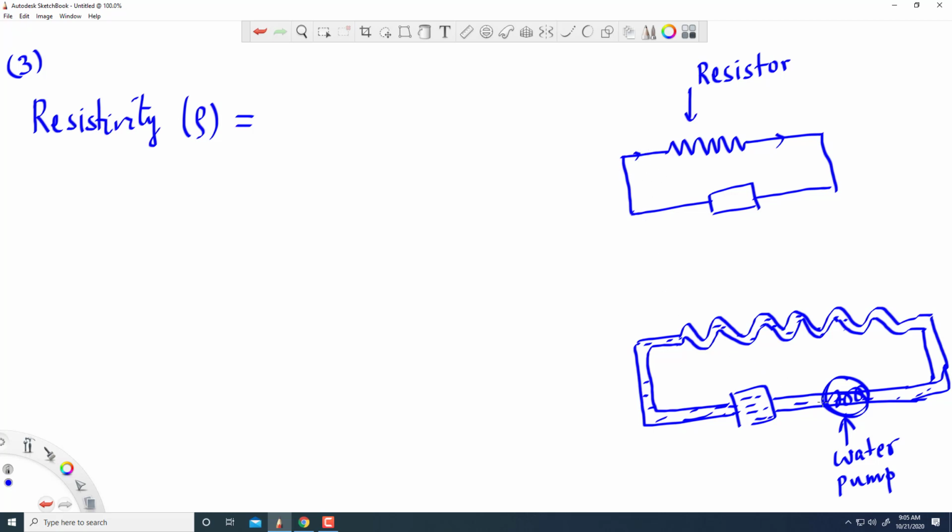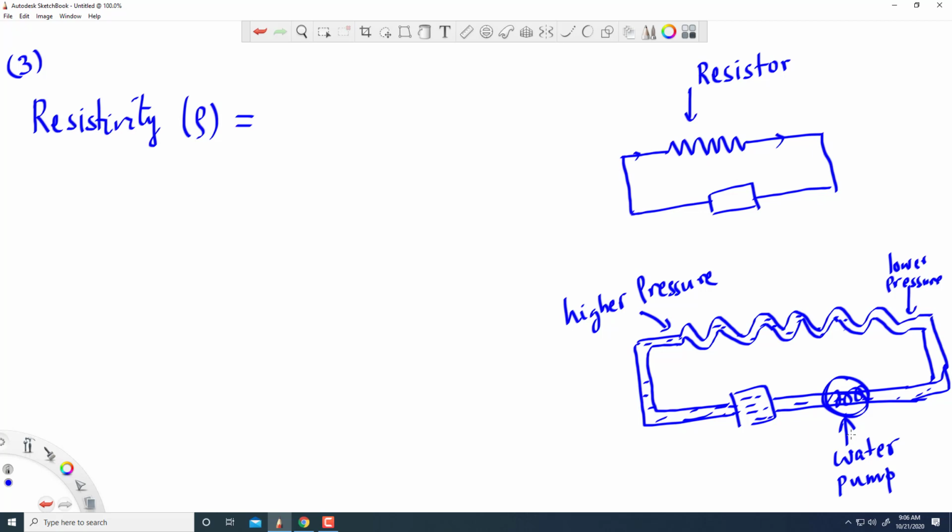What the water pump does is it creates two regions: this part that has higher pressure and this part that has lower pressure. The reason the water didn't flow before we introduced the water pump is because the pressure was the same on the two sides.